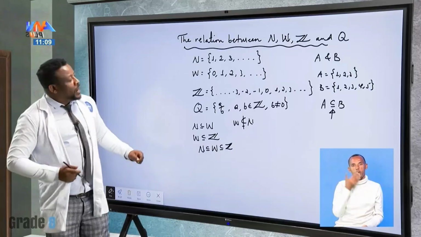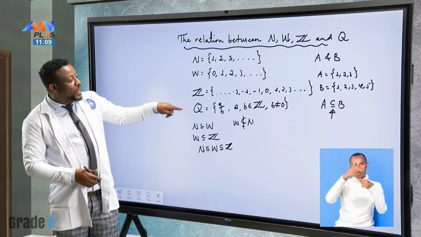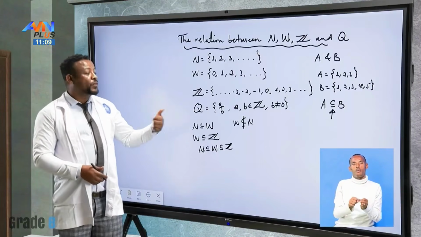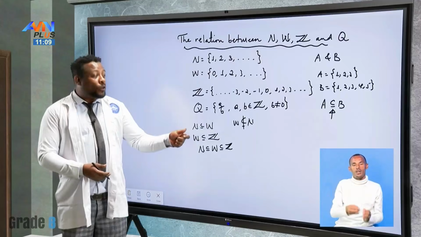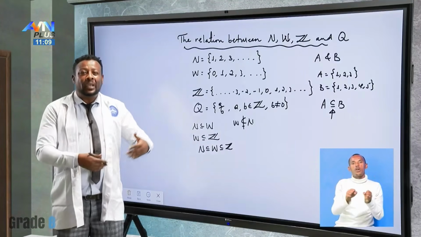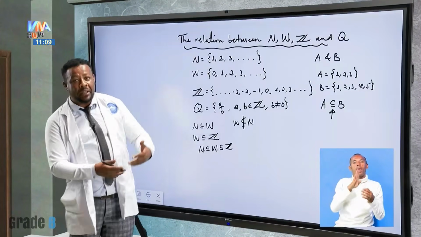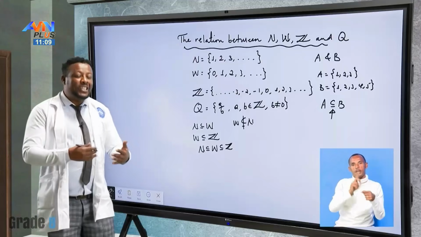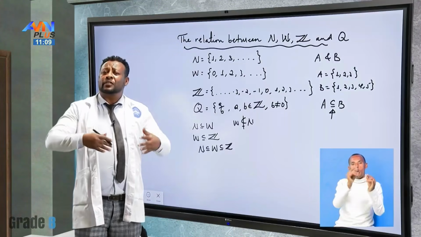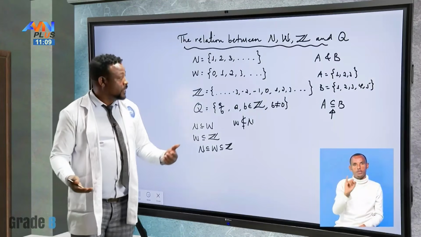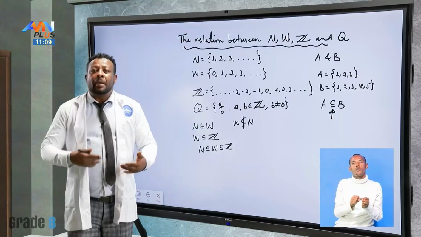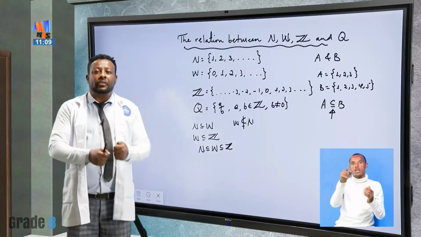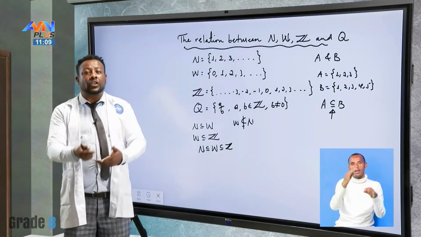Good. Now, when we go to the next set, the set of rational numbers, it cannot be listed in this manner, right? There is no way to list out the first few terms of the set of rational numbers, because there is no clear pattern in the set of rational numbers.